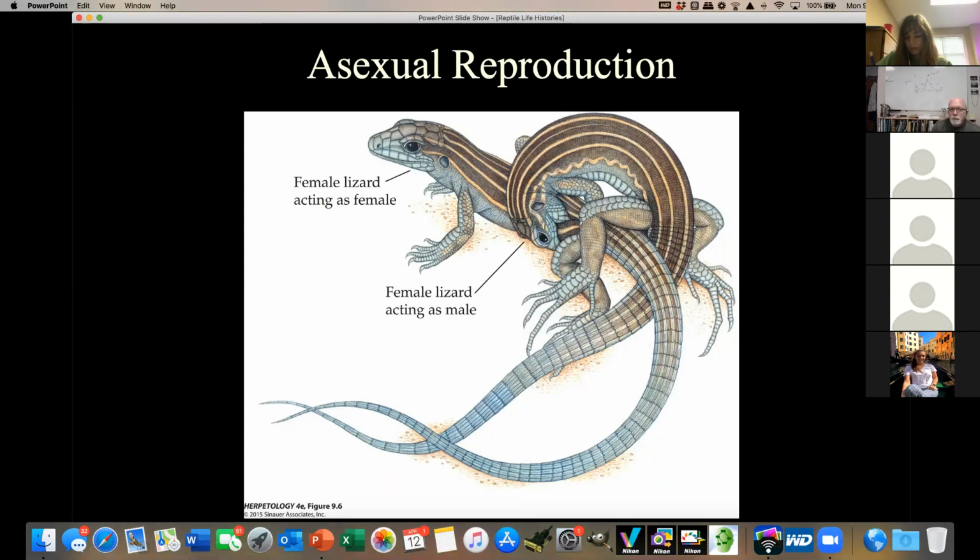In some cases, it's the females of the species that interact with one another. In other cases, you will have the parthenogenic species once again copulating with males of the parent species. And once again, that act of copulation doesn't do anything in terms of transferring sperm to the eggs.